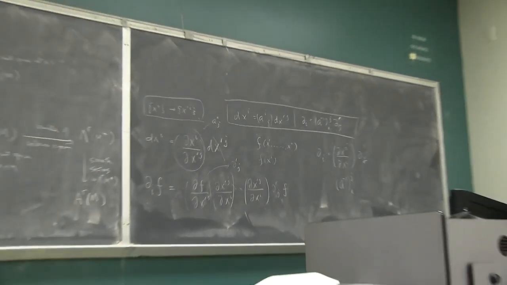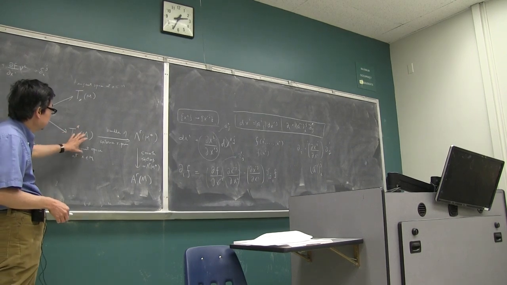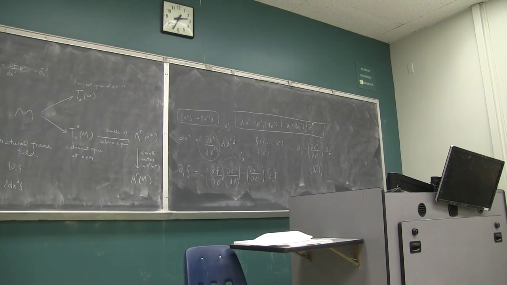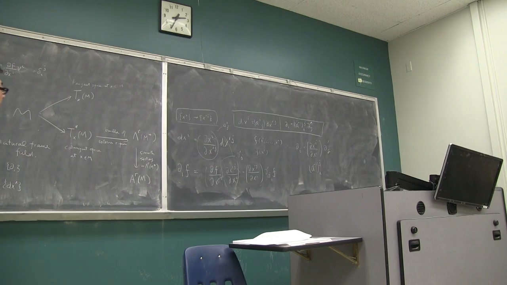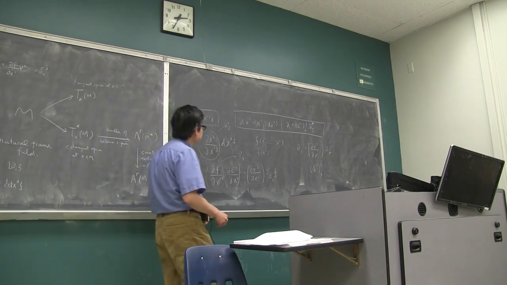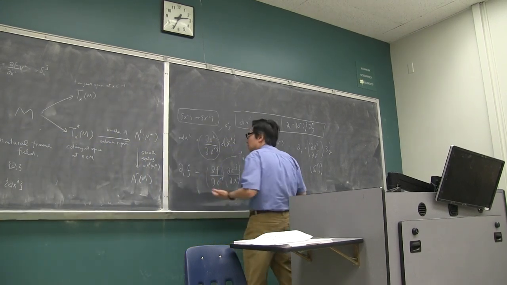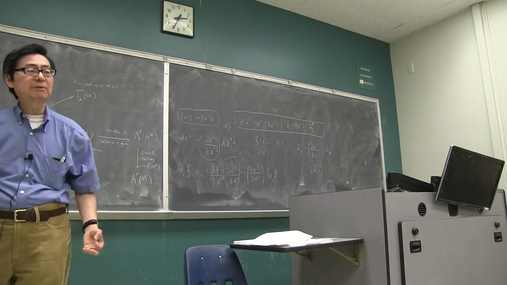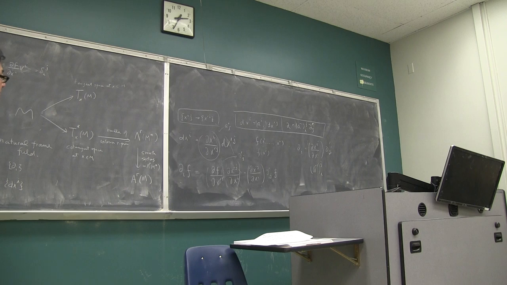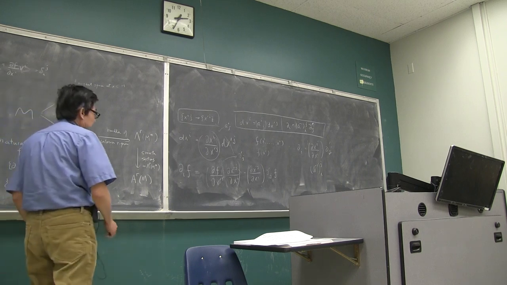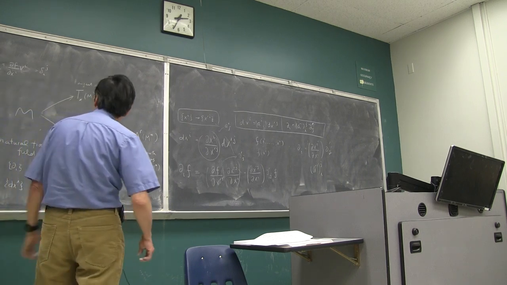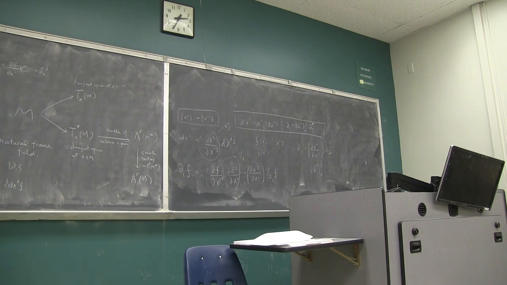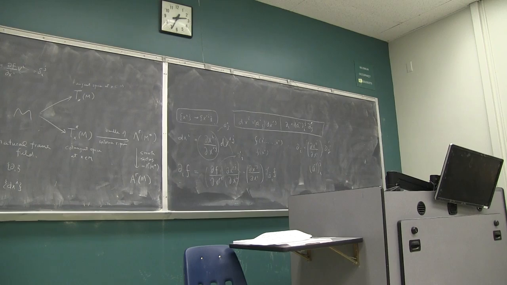If I limit myself to the cotangent side of things, then I have these objects which are linear superpositions of the dxi's, and those are the cotangent vectors. And those are the one forms. Now we get to the simpler stuff.